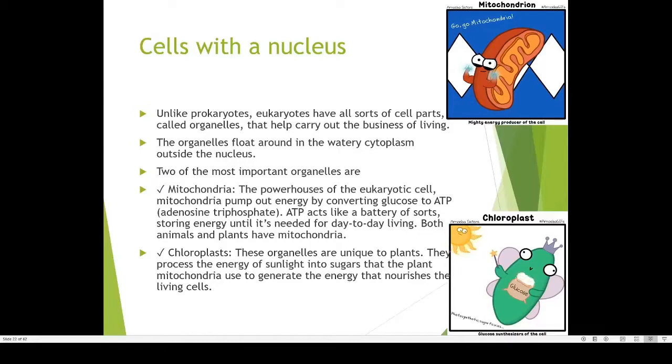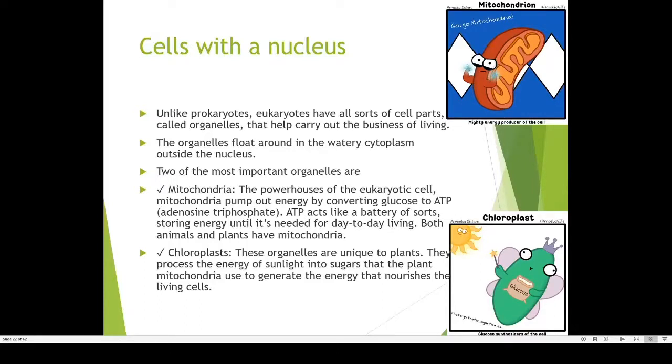So, unlike prokaryotes, eukaryotes have all sorts of cell parts called organelles that help carry out the business of living. One of the most famous parts of your cell would be your mitochondria, or the power plant of your cells. The organelles float around in the watery cytoplasm outside the nucleus.